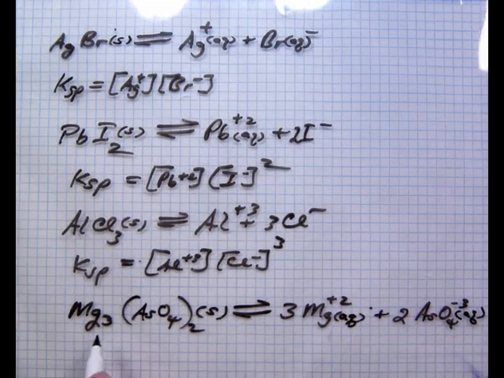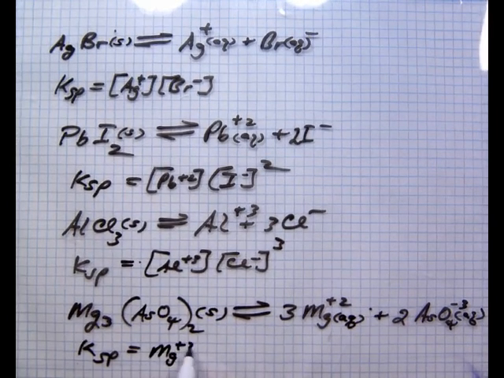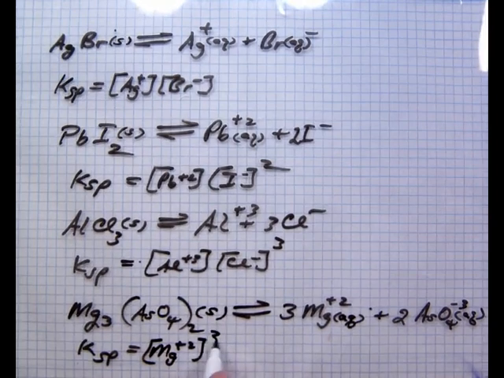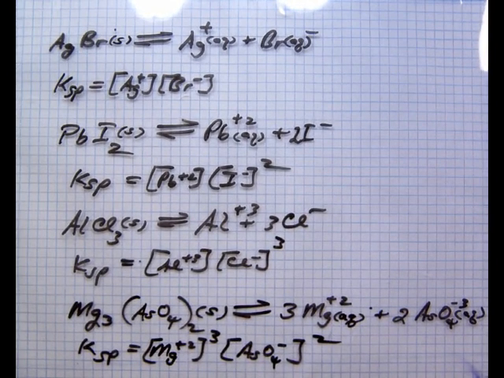Its Ksp expression is magnesium raised to the 3rd power, times arsenate raised to the 2nd power. So we write the equilibrium expressions in terms of only what's delivered into solution. The water, the solvent, and the salt that's left behind that didn't ionize are so infinitely larger than the ion concentrations that they are left out of the K expression, or they're just moved over and not considered.